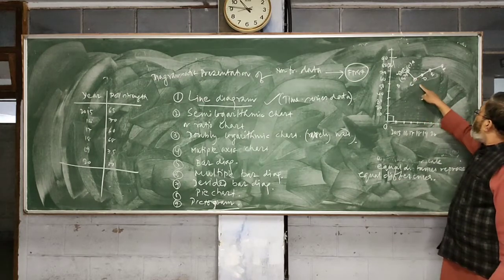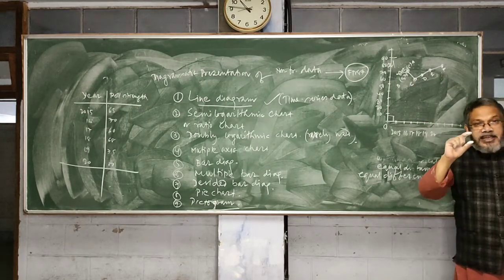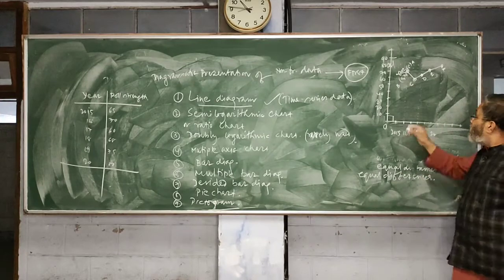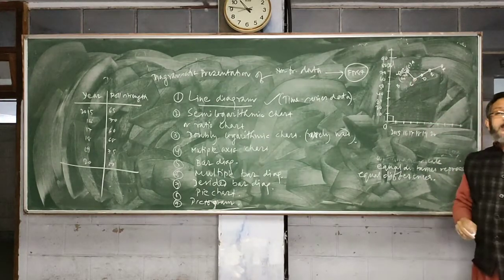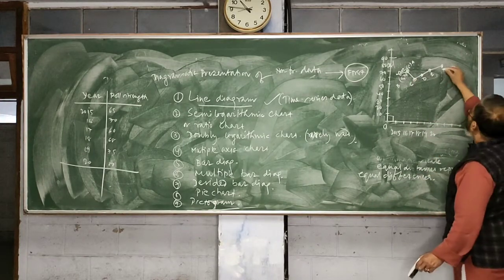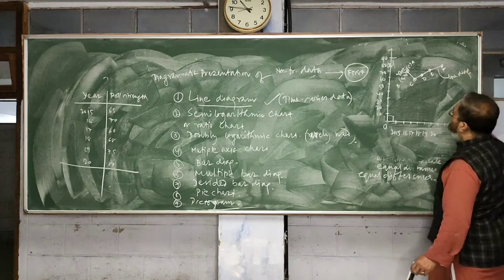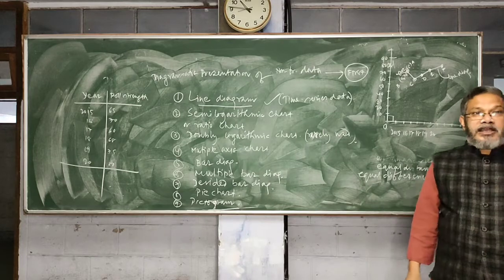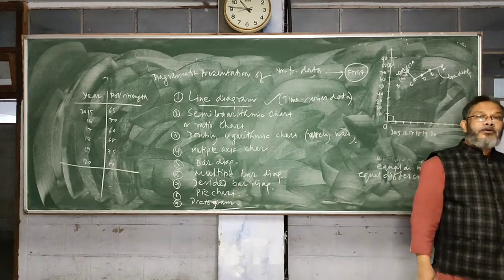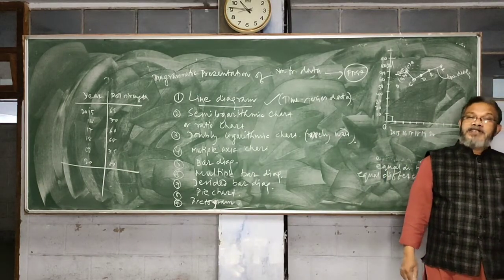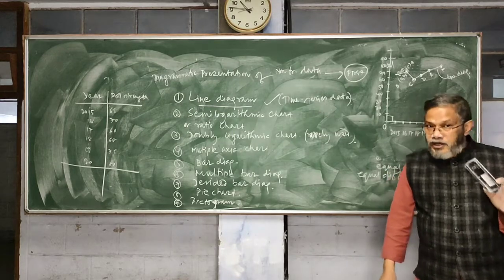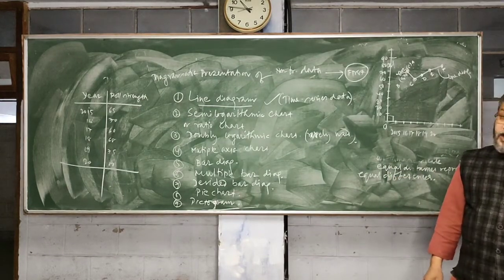We are joining the points by line segments. We get a curve called a line diagram. This is called a line diagram, and this is the way we draw a line diagram. This is called a simple line diagram.